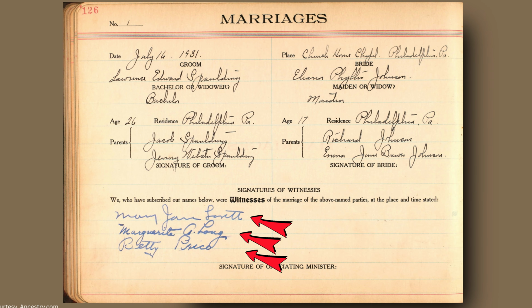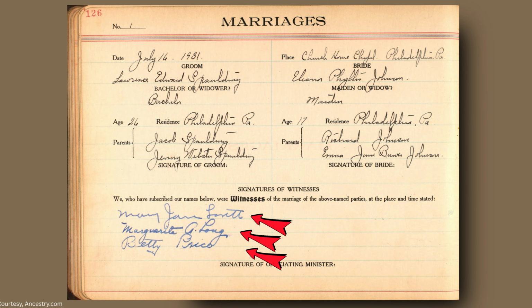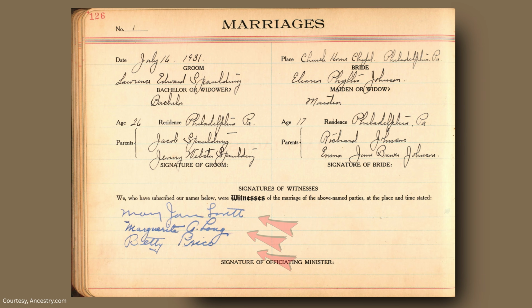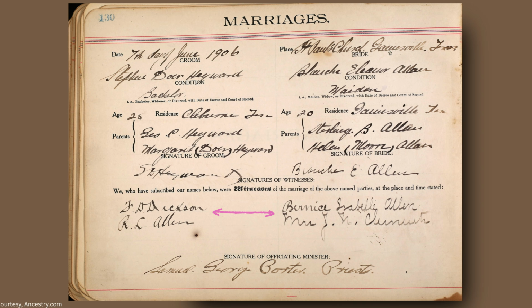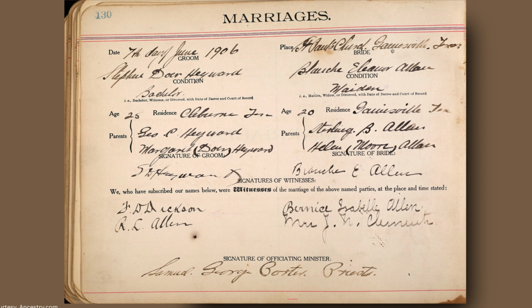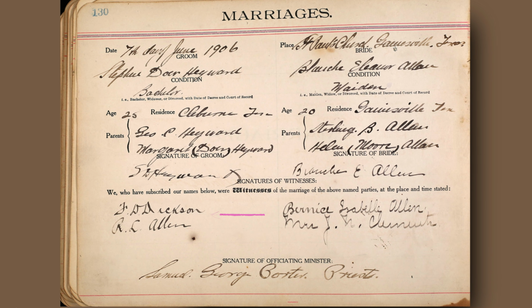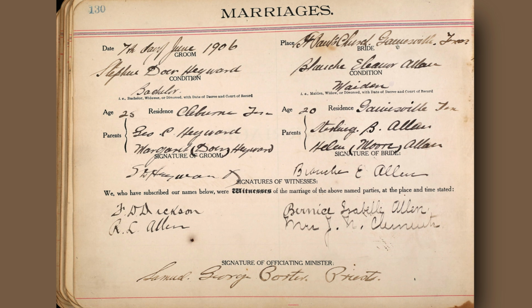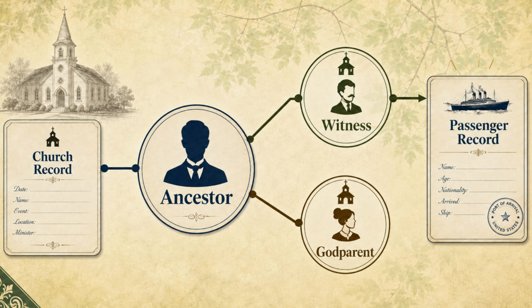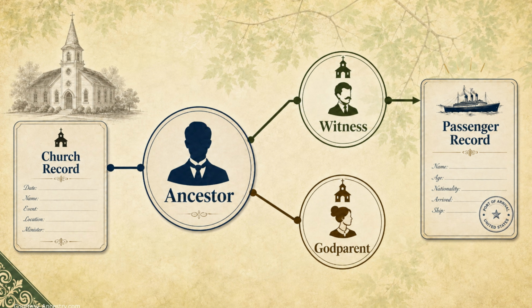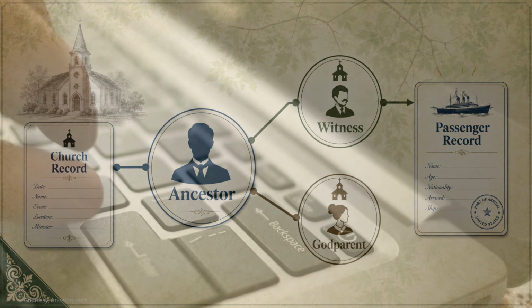Immigrant families often lived near relatives, friends, and other people from the same region or community back in Europe. So even if your ancestor's church record does not name the hometown, another person connected to that record may lead you there. For example, a baptismal sponsor might later have a naturalization record or passenger manifest that identifies the village.